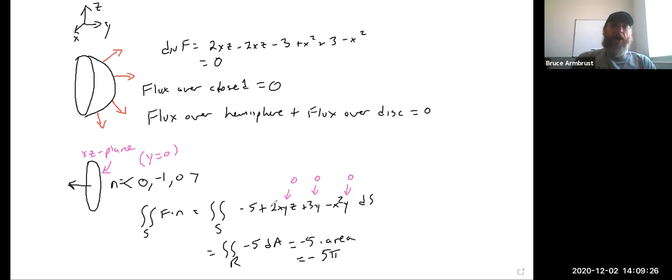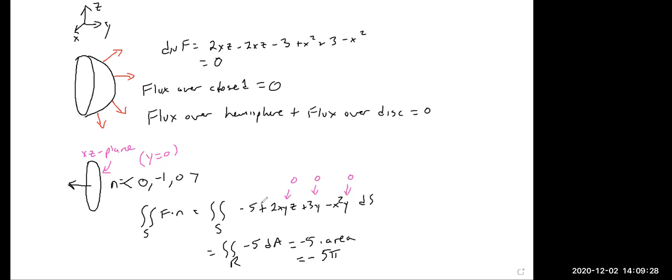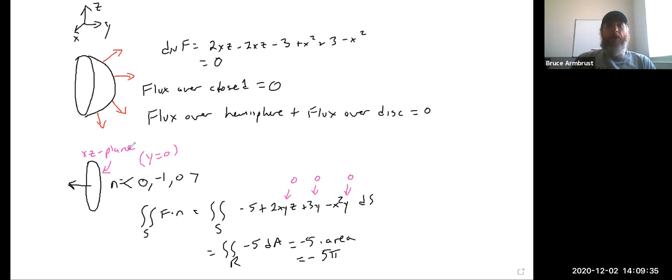It's actually going to be a positive 5 pi, like Hazy just put in the chat, because they have to add up to 0, right? Remember, we know that if we enclose this, the total flux is going to be 0. So if there's minus 5 pi going this way, it means there has to be plus 5 pi going the other. So the flux over the hemisphere then is a positive 5 pi.